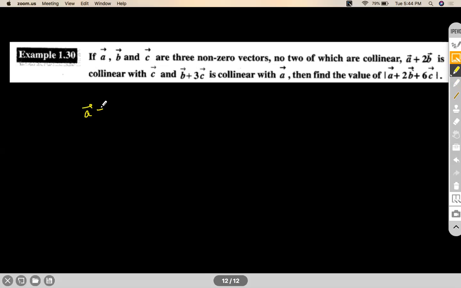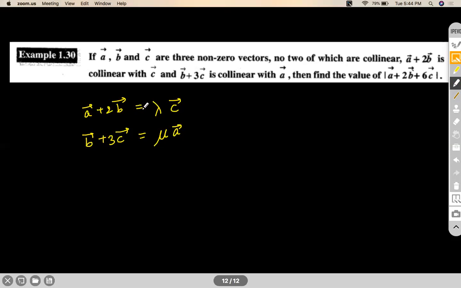If A plus 2B is collinear to C, can I say A plus 2B can be expressed as lambda C? B plus 3C is collinear to A, so can I say it can be expressed as mu A? Correct.